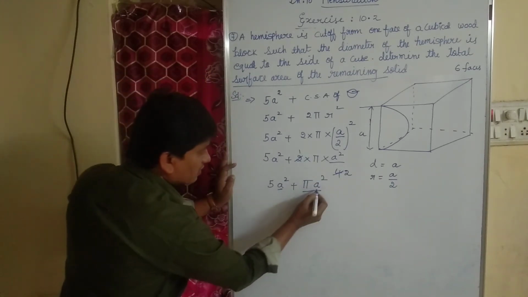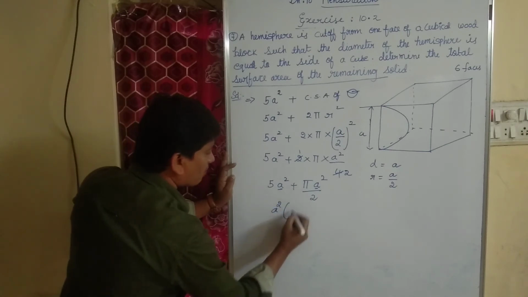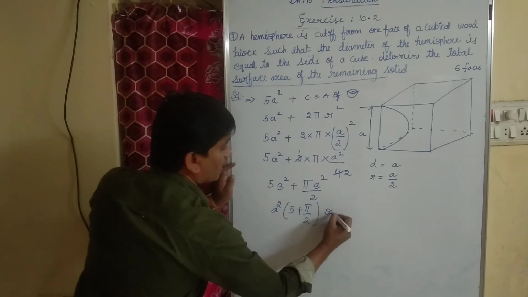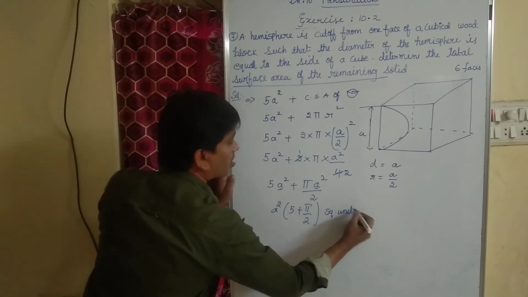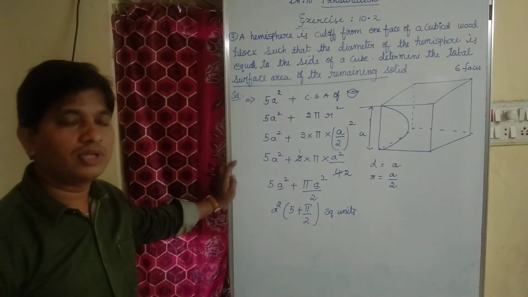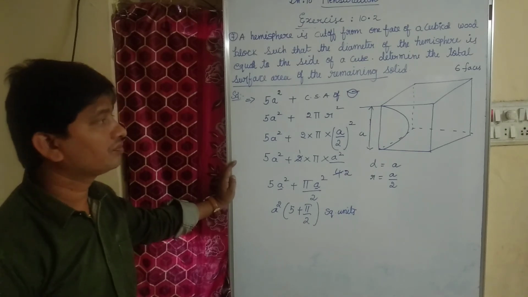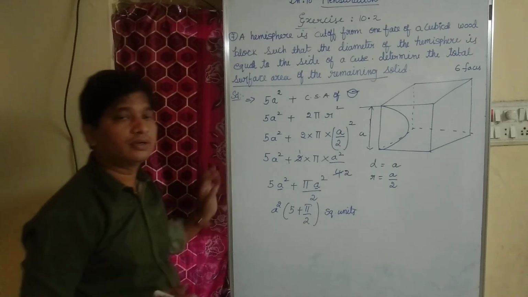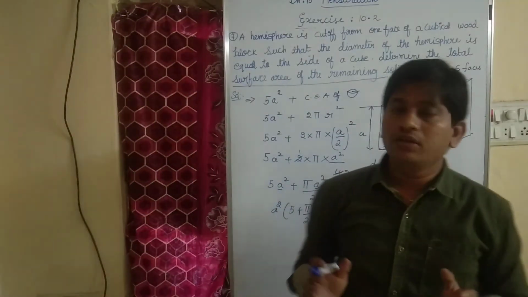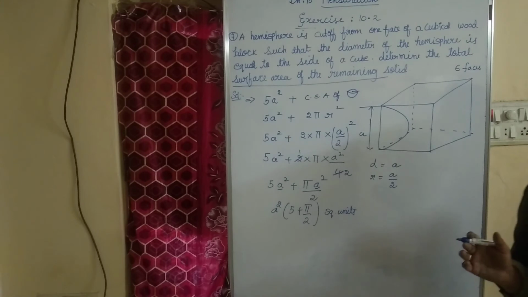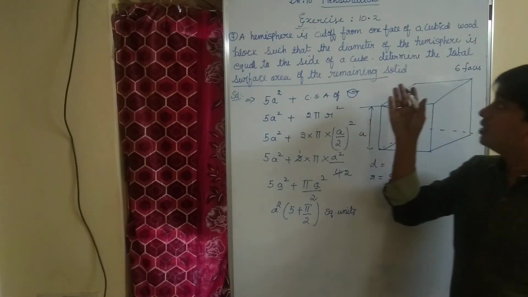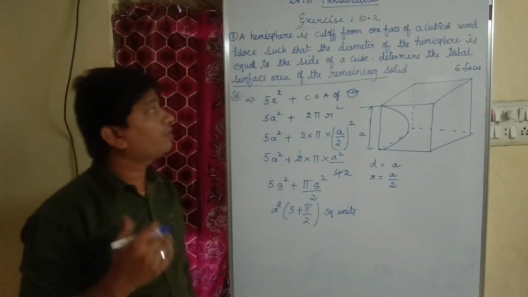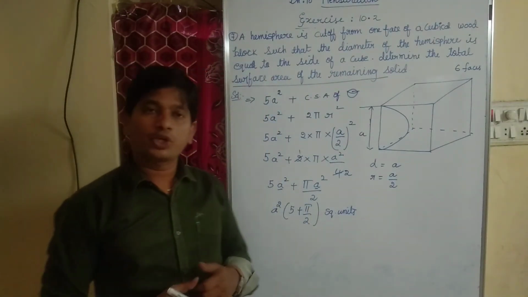Now I can take a square as common: a square into (5 plus pi by 2) square units. This is the surface area of the remaining solid. Children, we have to know that the diameter of the hemisphere will become the side of the cube.